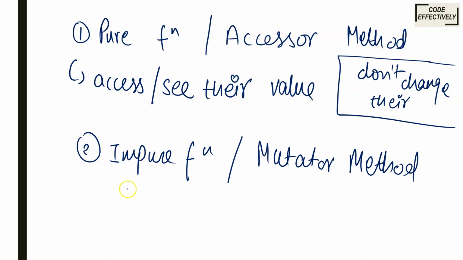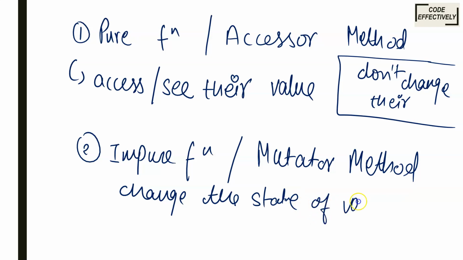But impure functions change the state of an object. They can change the state of a variable or of an object. If you are using an object, then it can change the value of the object also. In accessor methods you don't change anything.